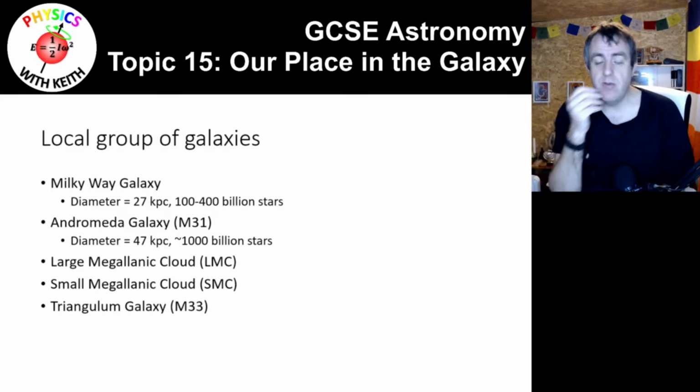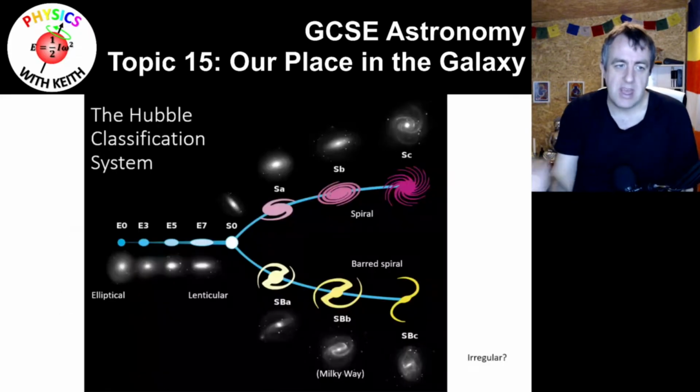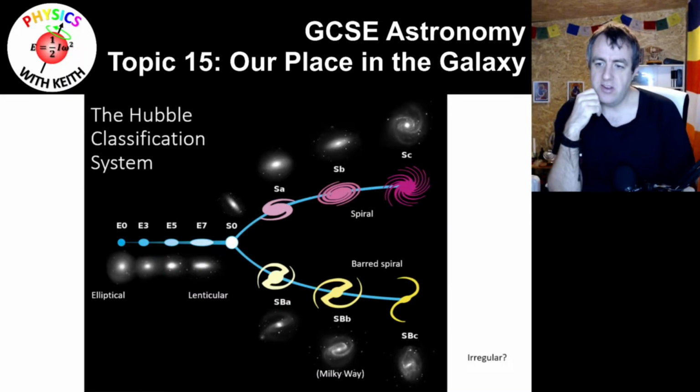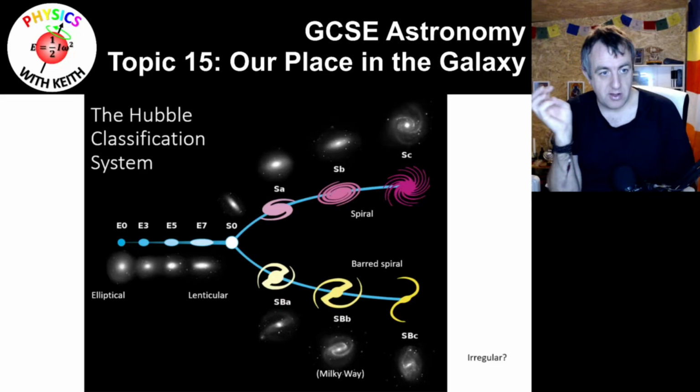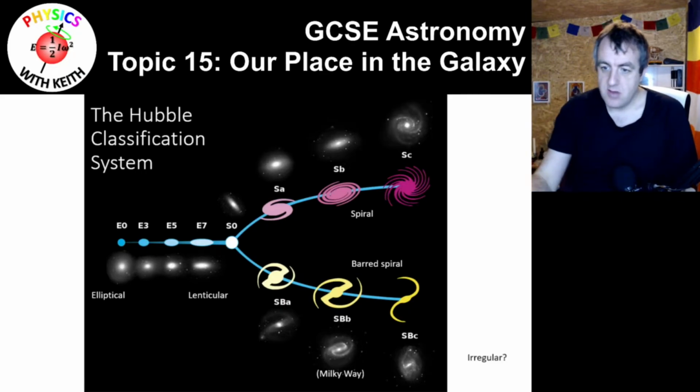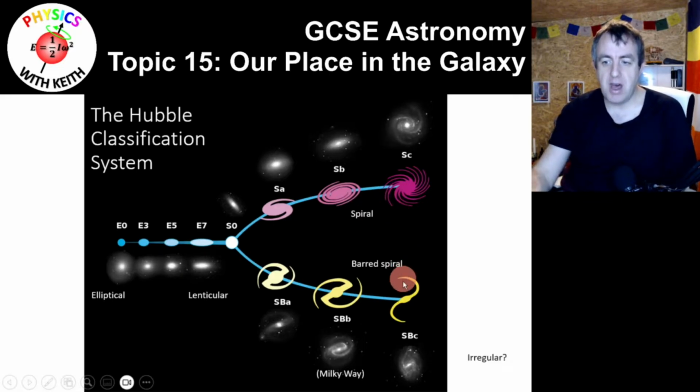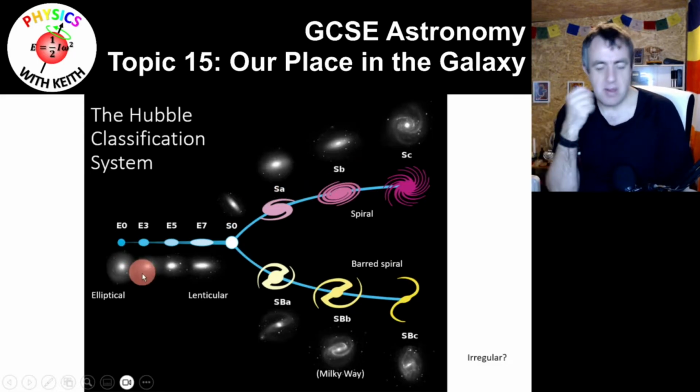Right, so now we're going to move on to the Hubble classification system. In the Hubble classification system, we've got elliptical galaxies, we've got spiral galaxies, and we've got spiral barred, or barred spiral galaxies. SB, S, and E, as the names are given.